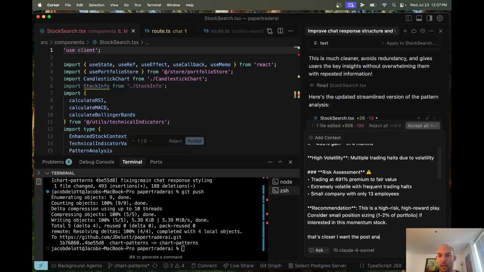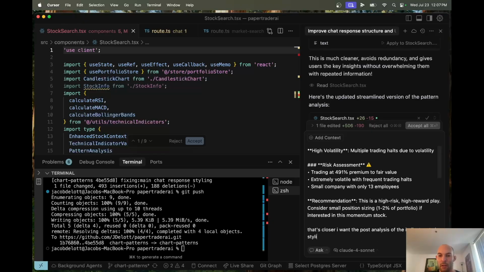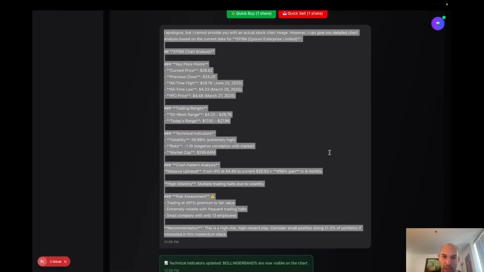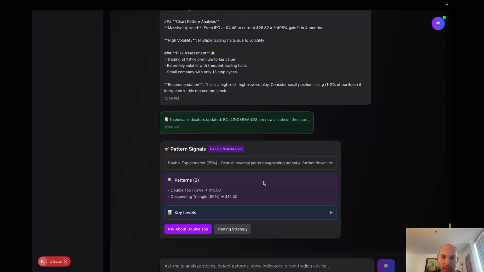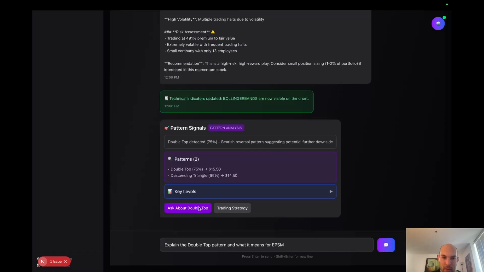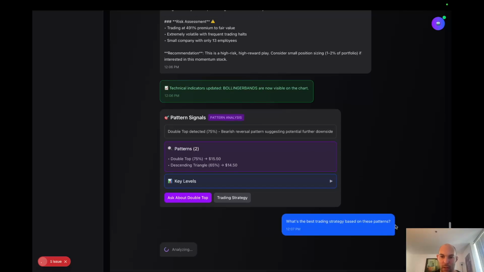I want the post analysis of the indicators to be stylized better, not just a chat response, because we can save a lot of space if this just gets turned into a nice, clean output container. That's cool. Yeah, this is sick.